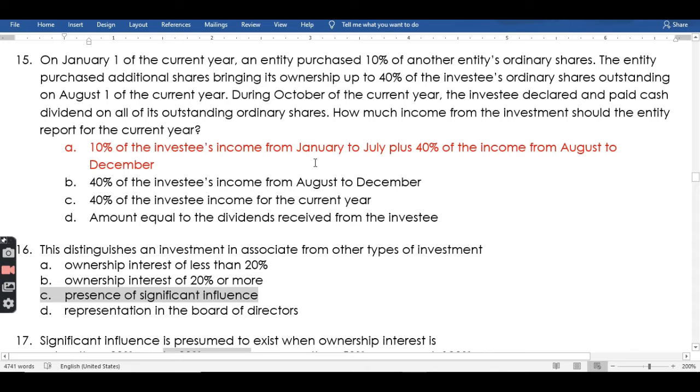Okay. 15. On January 1 of the current year, an entity purchased 10% of another entity's ordinary shares. The entity purchased additional shares up to 40%. Okay. So, anyway, ano daw ang nangyari? 10% siya, tapos the entity purchased additional shares bringing its ownership up to 40% of the investee's ordinary shares outstanding on August 1 of the current year.